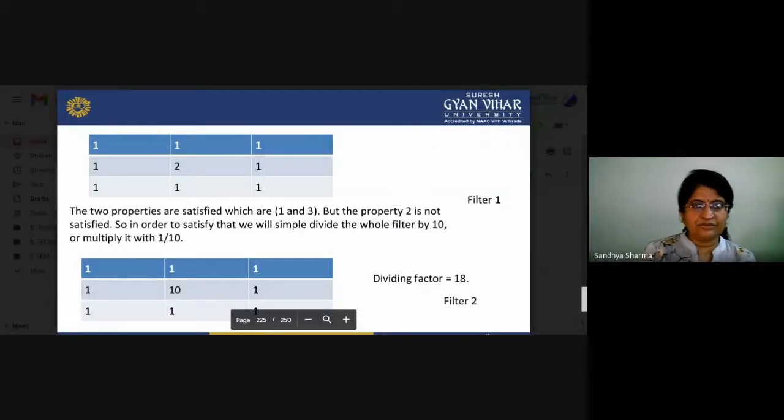Properties of the weighted average filter are: it must be odd ordered, the sum of all the elements should be 1, and the weight of the center element should be more than all the other elements. So the two properties 1 and 3 are satisfied, but property 2 is not satisfied.